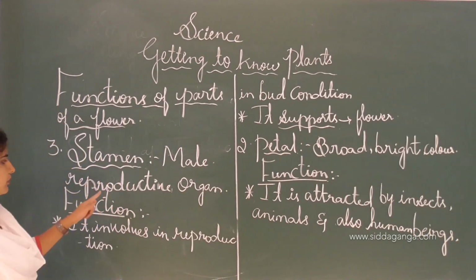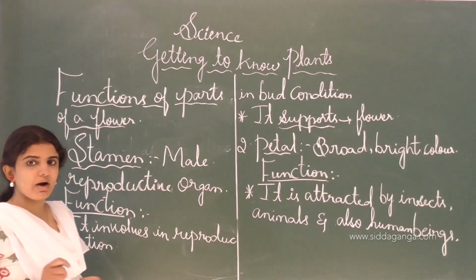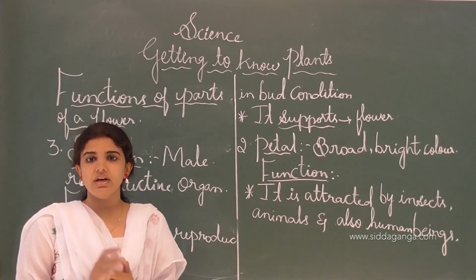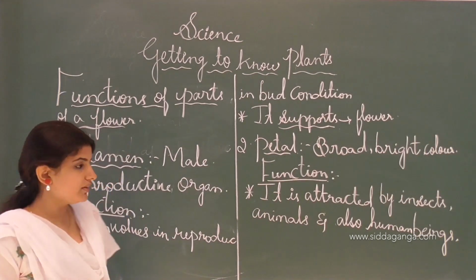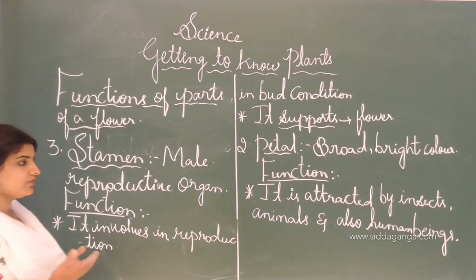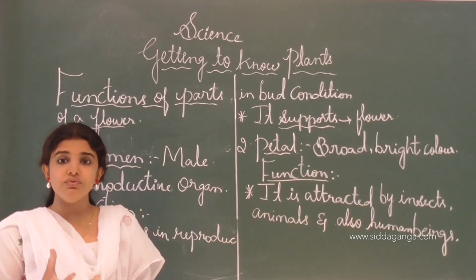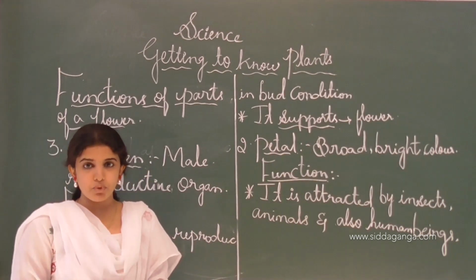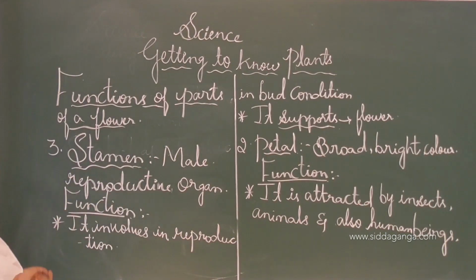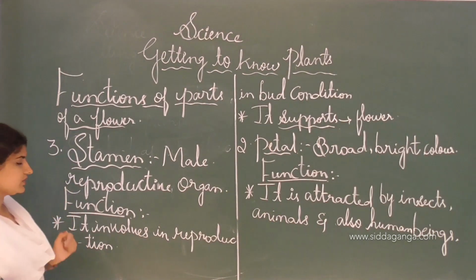It is classified into two parts. One is the sac-like structure present above the filament, called the anther, and below it a longitudinal structure called the filament. The anther usually produces a yellow powdery substance, nothing but the pollen or pollen grains, which helps in the reproductive process.